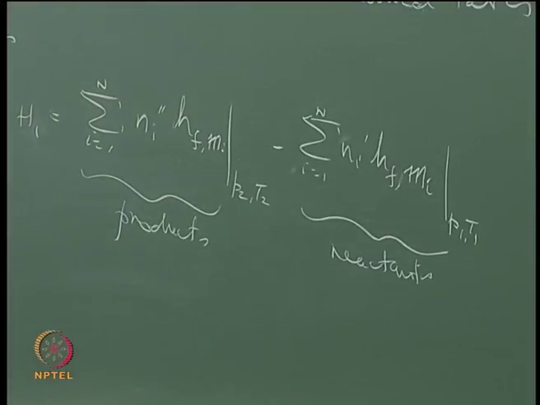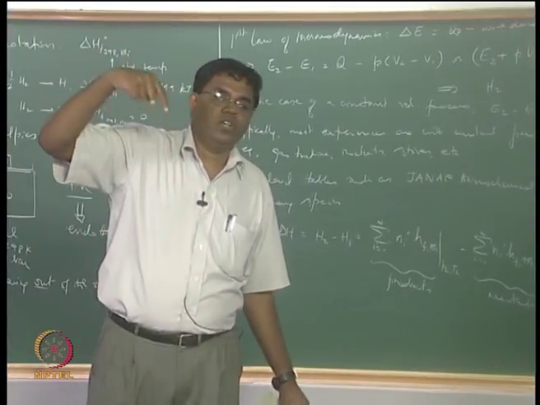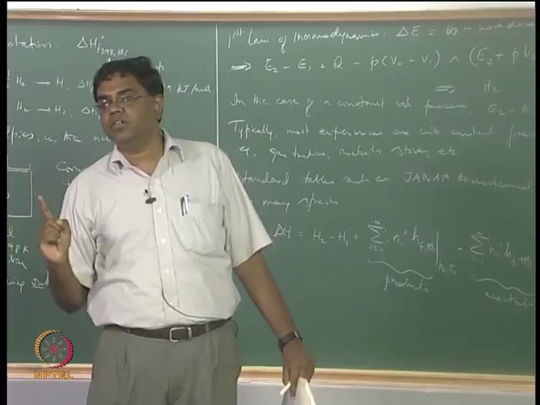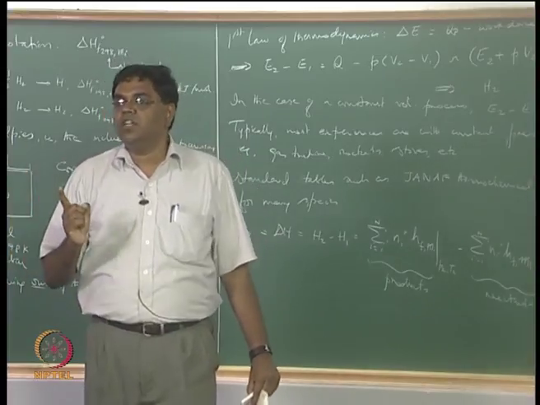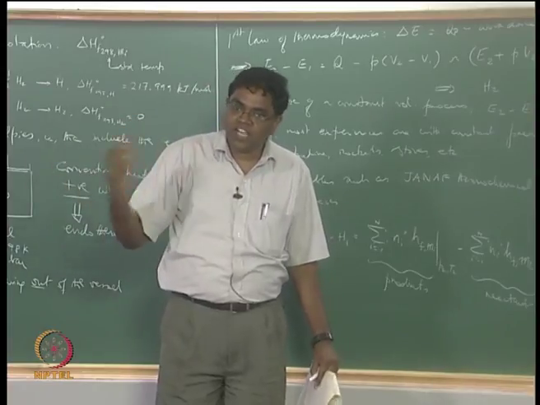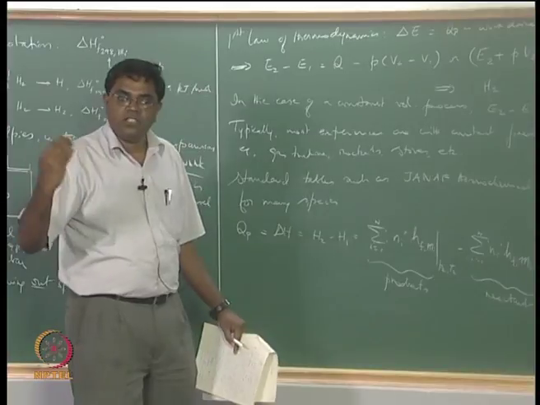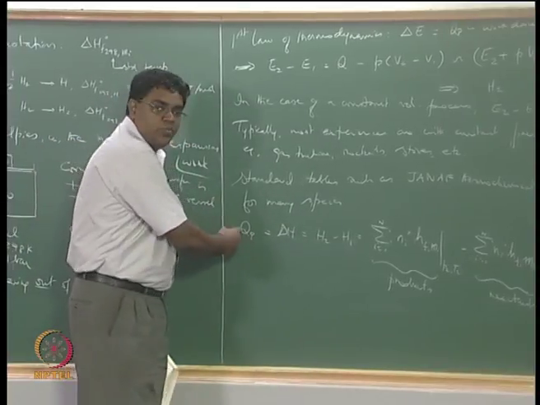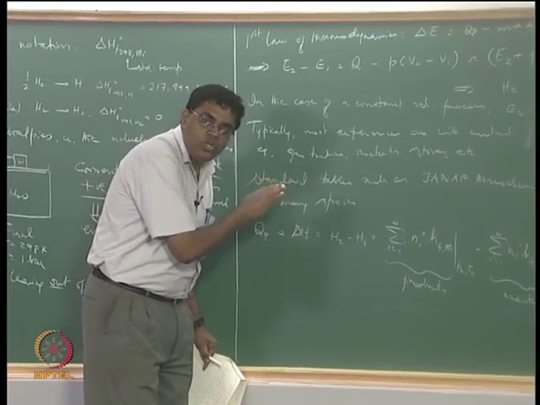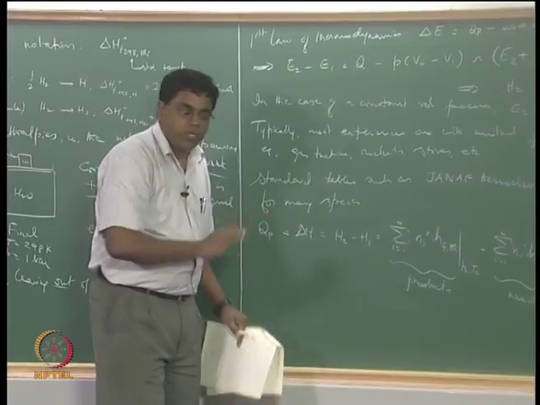So you are going through a hypothetical reaction in your mind, a reverse formation reaction for the reactants to form the reference elements, and then a set of formation reactions for the products, to get some heat transaction in both these steps, and then you are looking at the net heat transfer to get this QP. This is beginning to get you into some hypothetical reactions that are not happening at all.